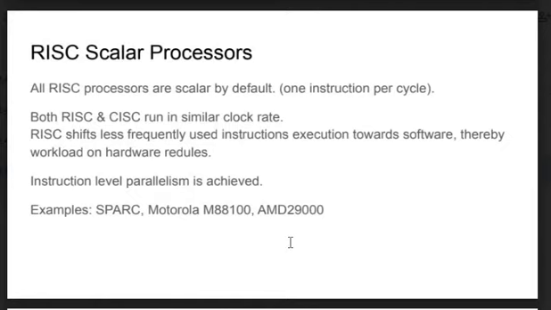We also studied instruction set architectures. In that we saw the differences between Harvard and von Neumann architectures, where a common cache or common memory is reserved for instruction as well as data. In the other architecture, a separate instruction cache and a separate data cache are reserved. That we finished in the last class.